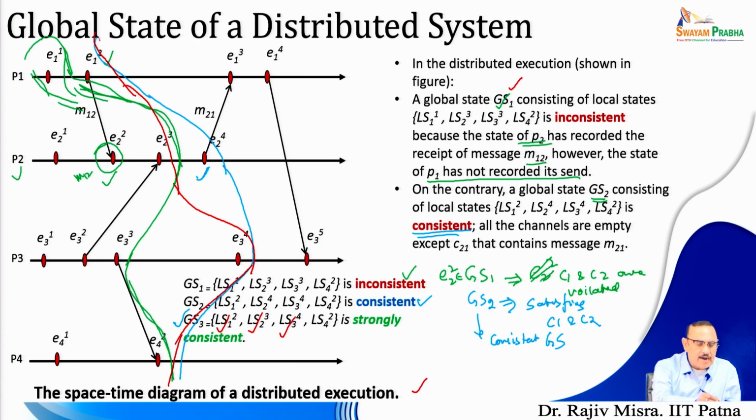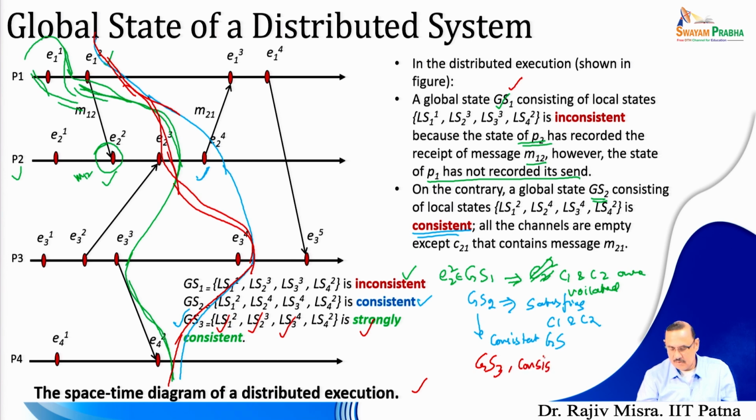Now, here you can see that this particular global state does not have any message which is flowing, that is sent but not received. So, that means all the channels are empty and all the messages which are sent have been received. So, in this case this particular state is not only consistent, but it is called a strongly consistent global state.